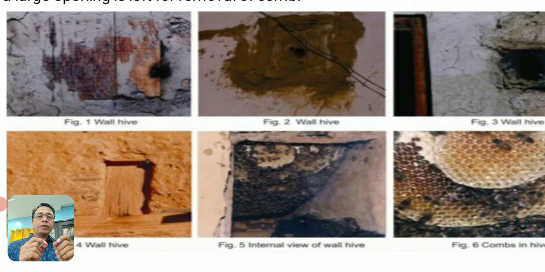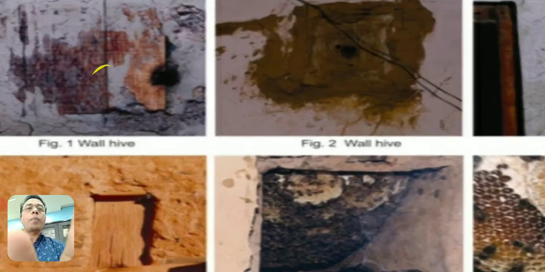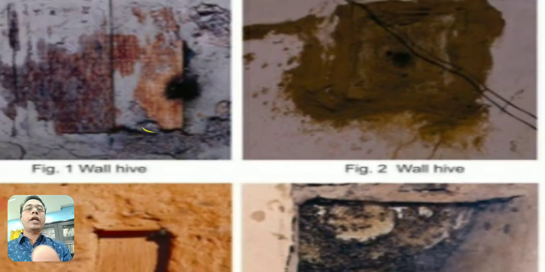The chamber is made in such a way that the outer wall has a small slit-like opening for the bees. So during the construction of dwelling houses, most people make a small chamber in the wall, and the outer part of that chamber is left with a small slit or opening.